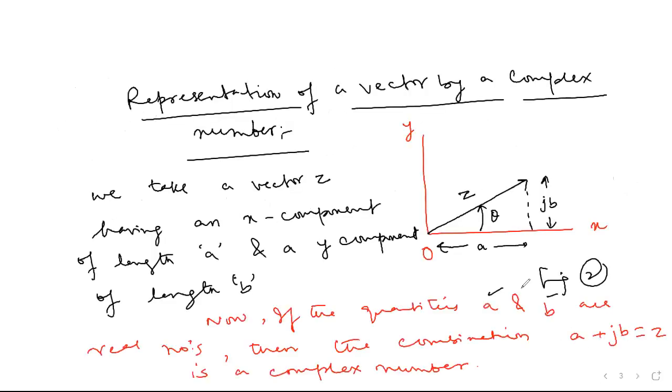As is clear from this figure, if you find tan of theta, it is b by a. This is how we represent a vector by a complex number.